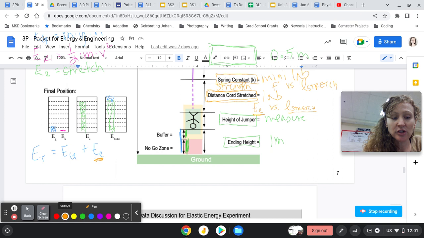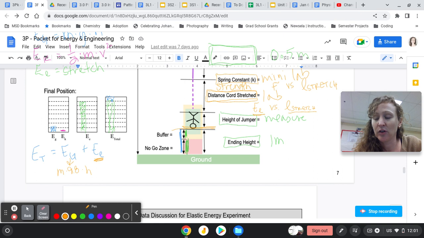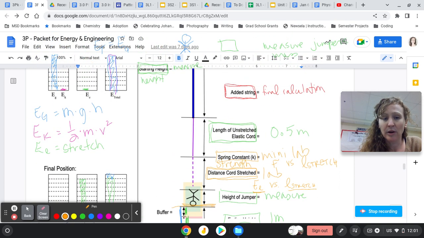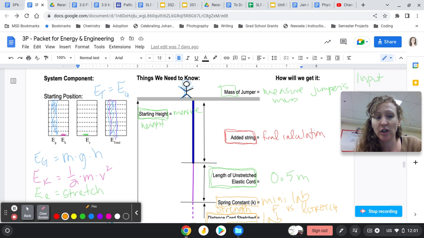So gravitational energy, we can just calculate. It's mass times the strength of gravity on the Earth, or 9.8, times the height. So we just plug in our mass, we plug in our ending height, and we have our gravitational energy. Our total energy comes from the top. Remember, at the very beginning, before our jumper has jumped, our total energy was all gravitational energy. So we can actually use our gravitational energy from the top as our total energy.